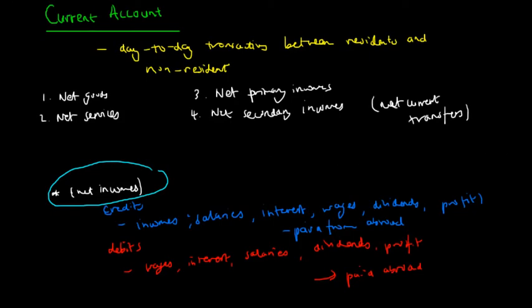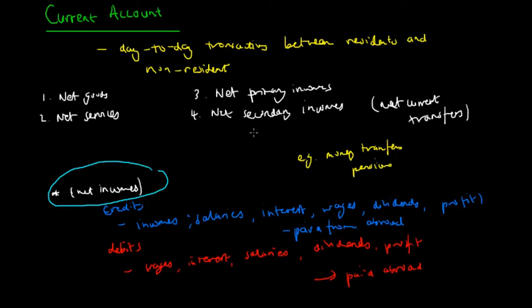So if you have a family member overseas and you're transferring money to them, say, money transfers and pensions. And if your relative lives in England, say your auntie, and your auntie sends money over here as a birthday present, this will be recorded as a credit in the net secondary incomes category.